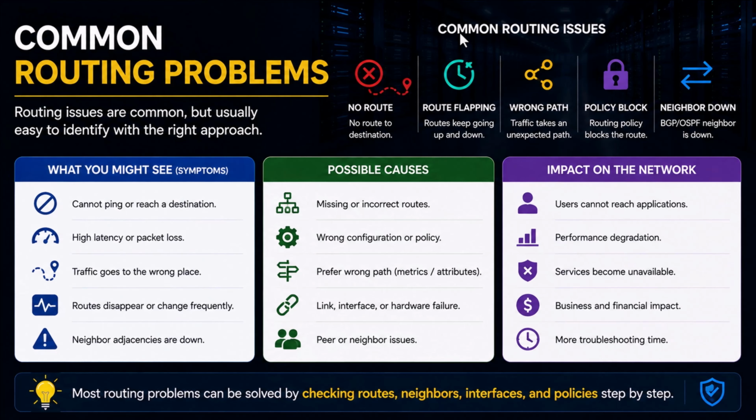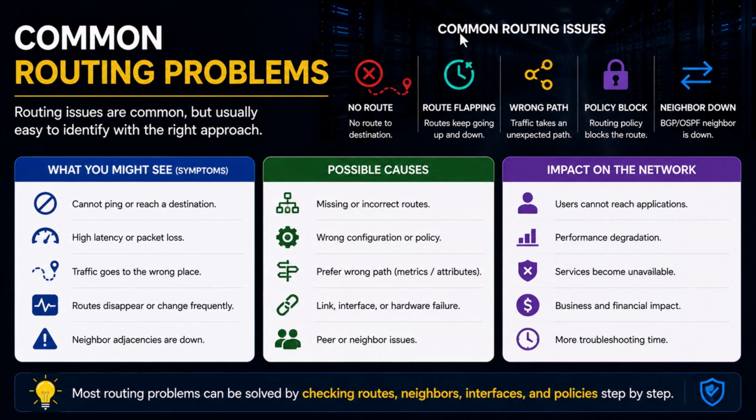That can happen because of an unstable interface, a physical problem, or a neighbor session that keeps resetting. Sometimes traffic is reaching the destination, but it is taking the wrong path. That may happen because of the wrong metric, BGP attribute, administrative distance, or routing policy.